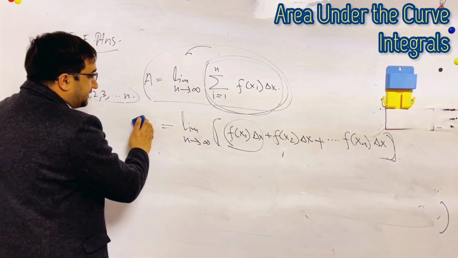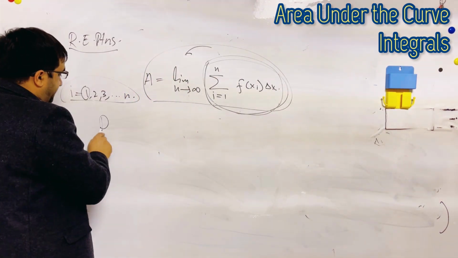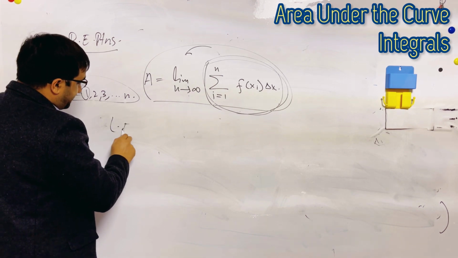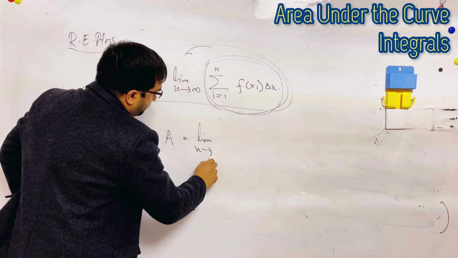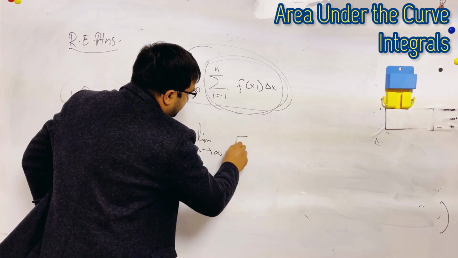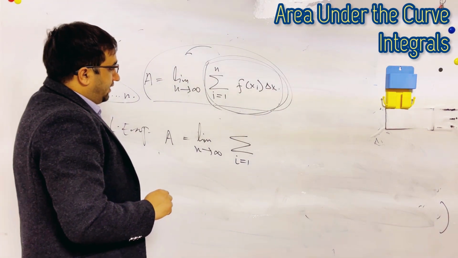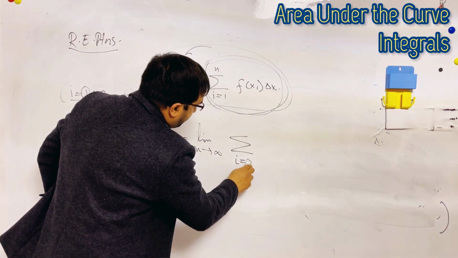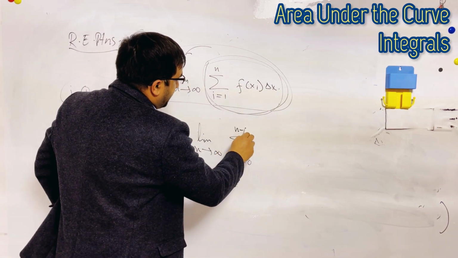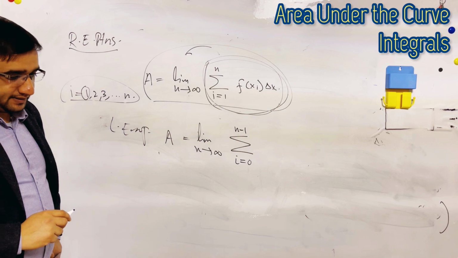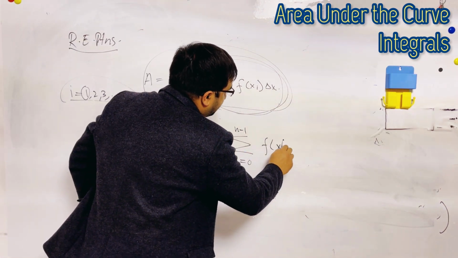And similarly, in more beautiful form, using the left hand points, area is limit n goes to infinity, i is again starting from 1. No, i will start from 0 and it will reach n minus 1, f of xi delta x.